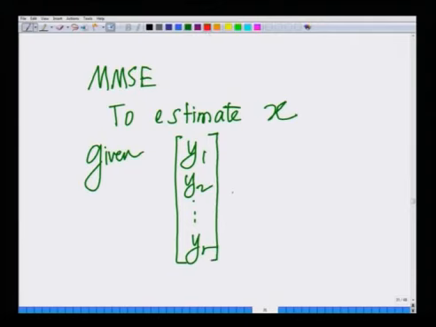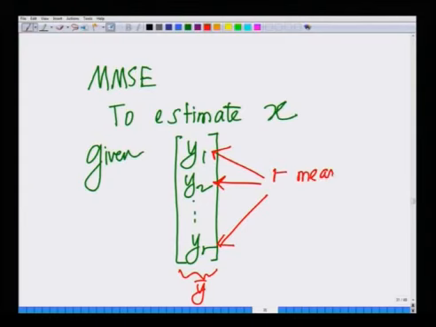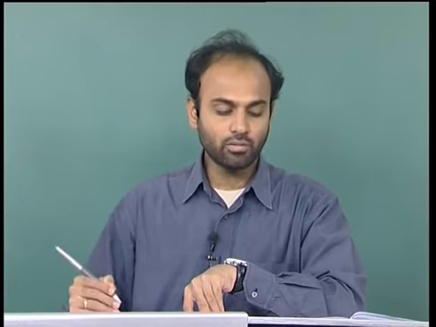This is a vector which corresponds to essentially r measurements, that is I have a set of r measurements. From these r measurements I want to estimate the quantity x, all right. That is what we want to do.